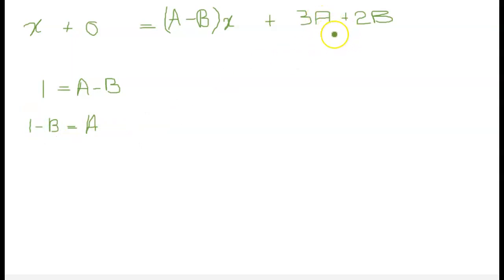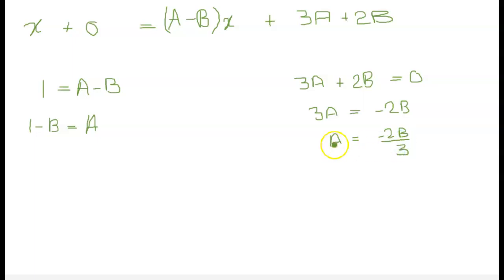Now, if I have a look at this one, it's 3a plus 2b. That's equal to 0, which means 3a is equal to minus 2b, which means a is equal to minus 2b over 3. So I got the value for the a.